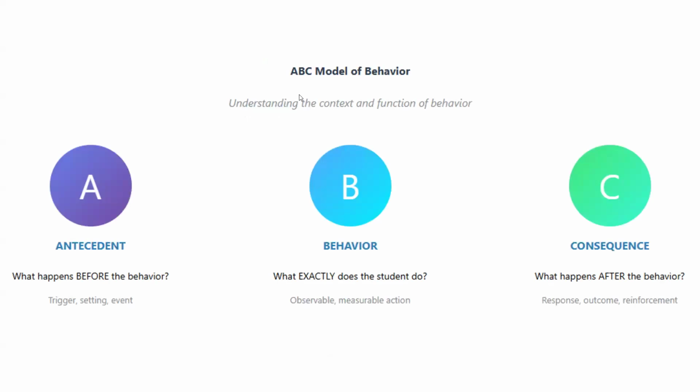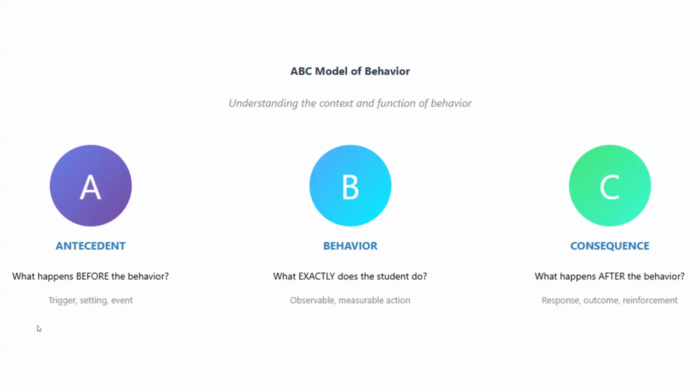This is the ABC model we discussed, understanding the context and function of behavior. A: what happens before the behavior? B: what exactly does the student do during the behavior? C: what happens after the behavior?